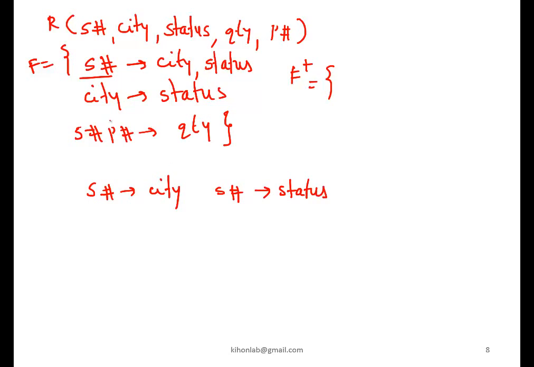Now in the original functional dependencies, I have CT derives status. From these two functional dependencies, F1 and F2, we can use transitivity: S hash derives CT, CT derives status, so I will get S hash derives status.